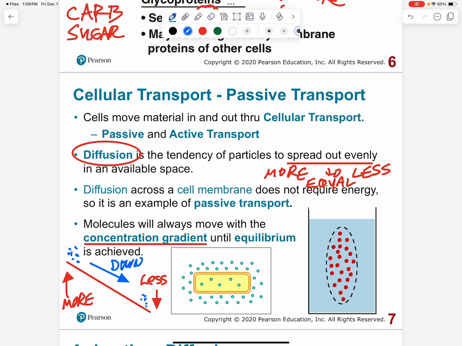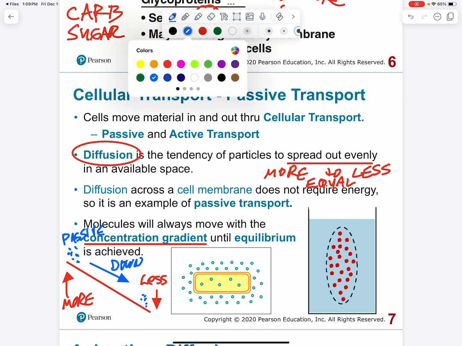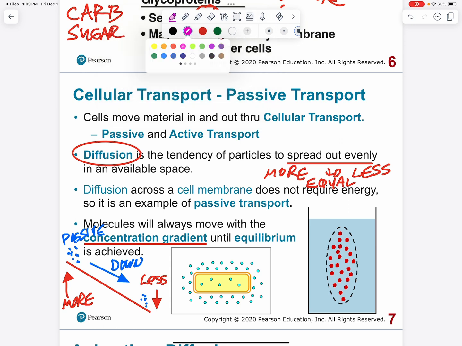From the previous slide, this is passive. I'll change colors. If you're going from where there is less to where there is more, you are going up the concentration gradient.